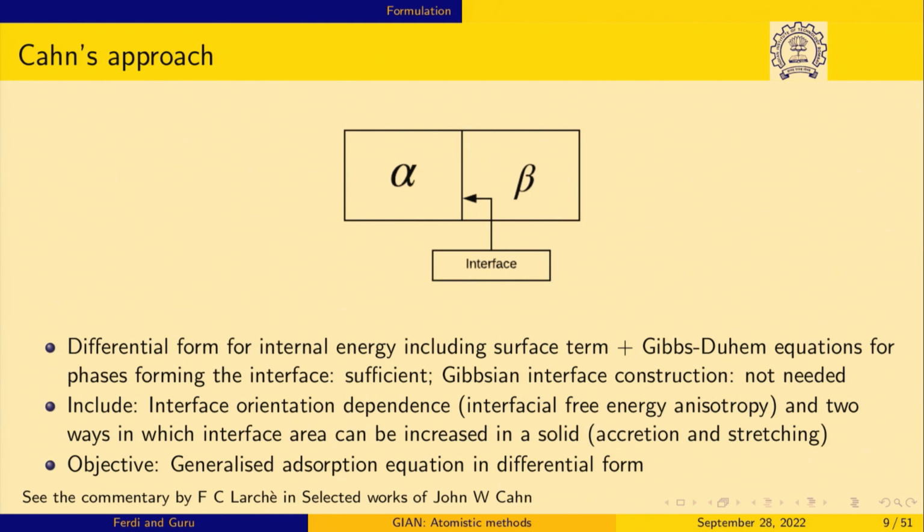So, his point is that you do not have to construct this imaginary surface and attribute properties to it. You can use Gibbs-Duhem, and that condition helps you avoid defining an interface as a surface of 0 thickness.